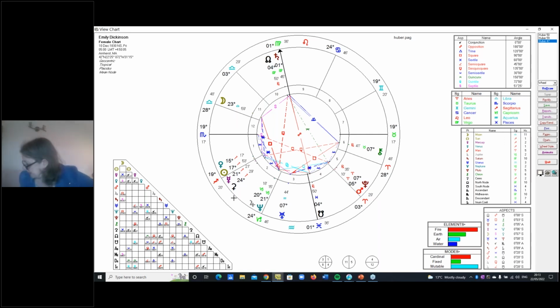So we tend to think, excuse me, that our second house is just about our finances, but it's also very much about our movable talents and skills. It's about talents and skills that we have that we can move wherever we move. Now, as we know, she didn't move; she lived in the same place her whole life. But she has Virgo on her midheaven. So Virgo, as you probably all know, is ruled by Mercury.